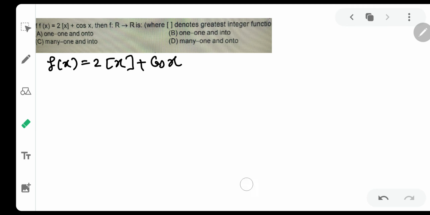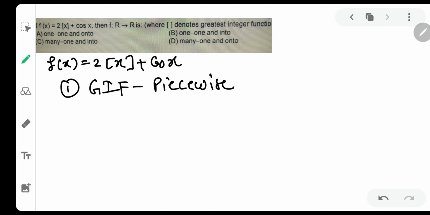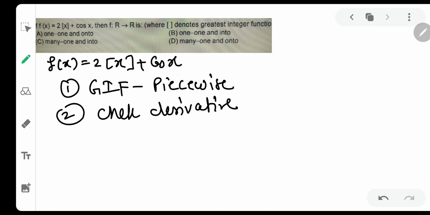So the first point is the greatest integer function should be split piecewise. Second point is for checking one to one, check the derivative. If your derivative is always positive for a particular domain, then it is increasing. If it is always negative for a particular domain, then it is decreasing. Then it can be told as a one to one function.